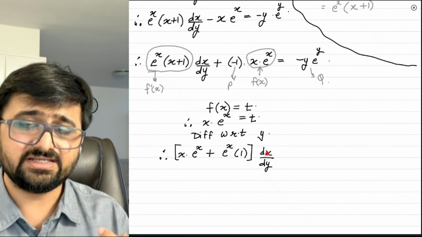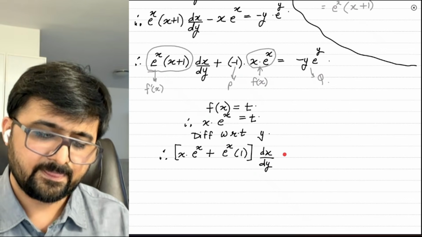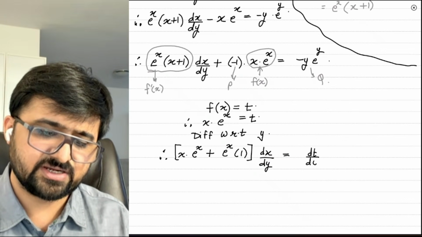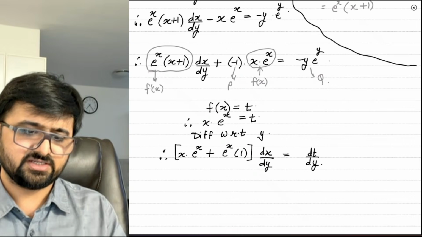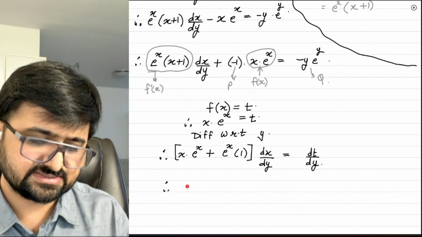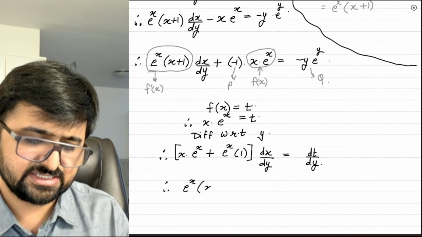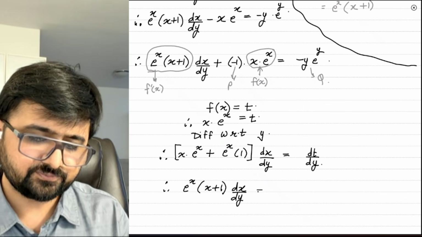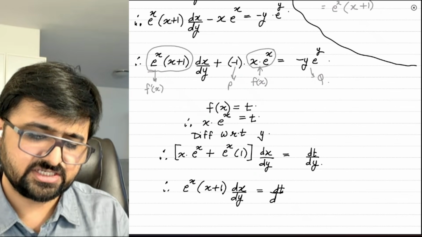This is equal to the derivative of t with respect to y, which is dt by dy. So now you can take e raised to x common: e raised to x into (x plus 1) into dx by dy is equal to dt by dy.